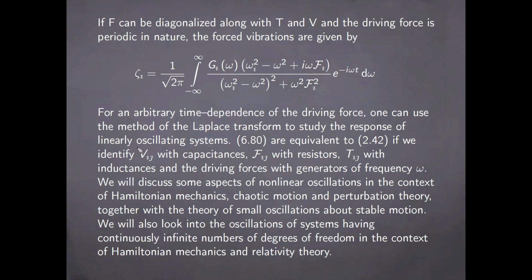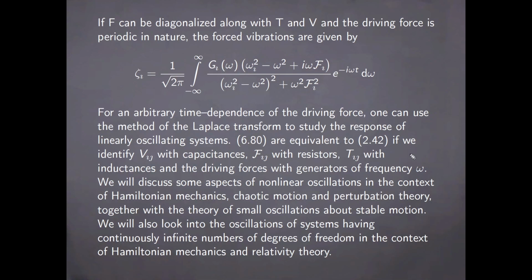If we identify the matrix elements of the potential energy with capacitances, the matrix elements of the dissipation function with resistors, and the matrix elements of the kinetic energy with inductances, and the driving forces with generators of frequency omega, they just become the equations from electrical circuit theory, where these kind of discussions find many applications.